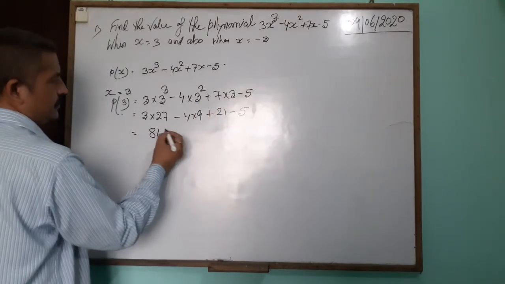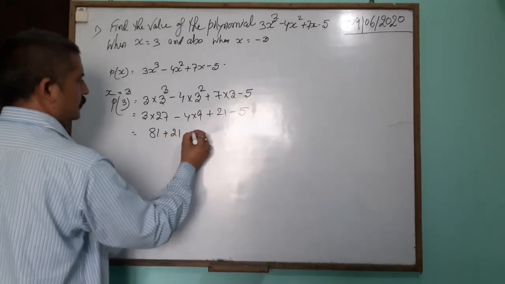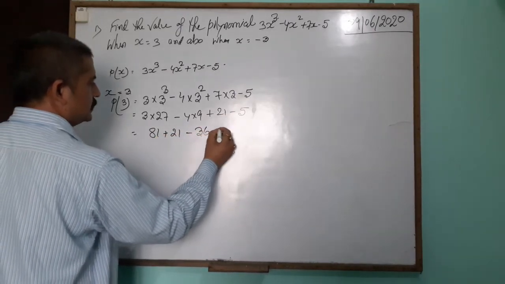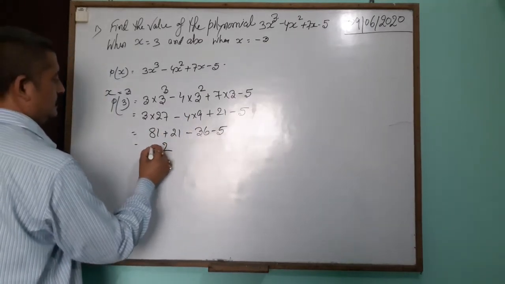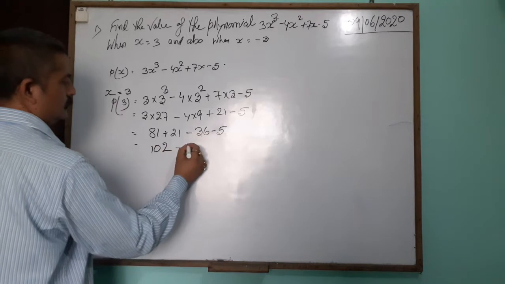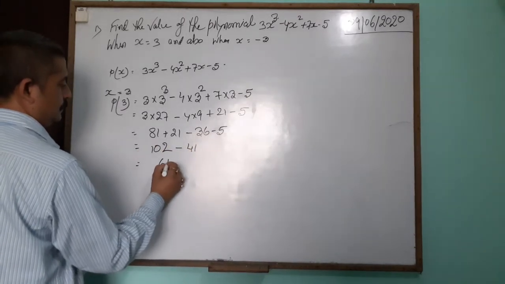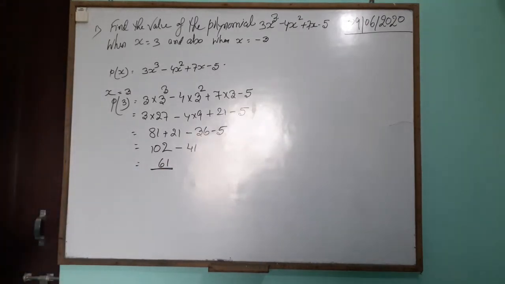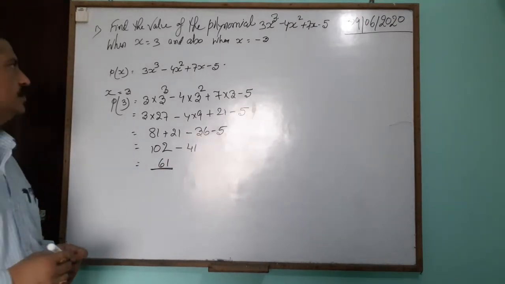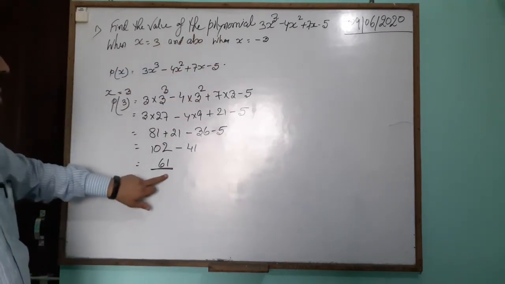So 81, arrange 21 minus 36 minus 5. So when the value of x is equal to 3, the value of the polynomial we get is 60.